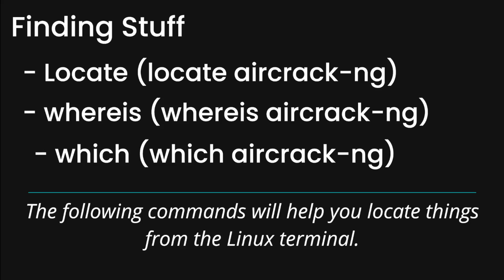Then you have whereis, which also shows you where something is located. If you put whereis aircrack-ng, it's going to show you where it's located. And then you have the which command: which aircrack-ng, or which python, or which whatever you want to find a location for, will show you where it's located.